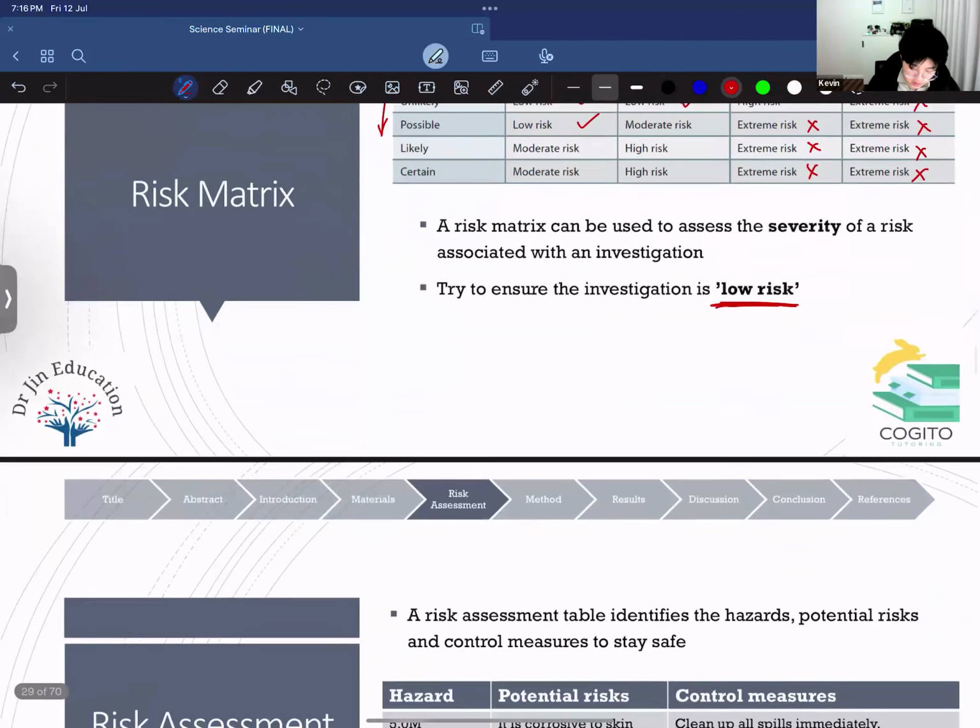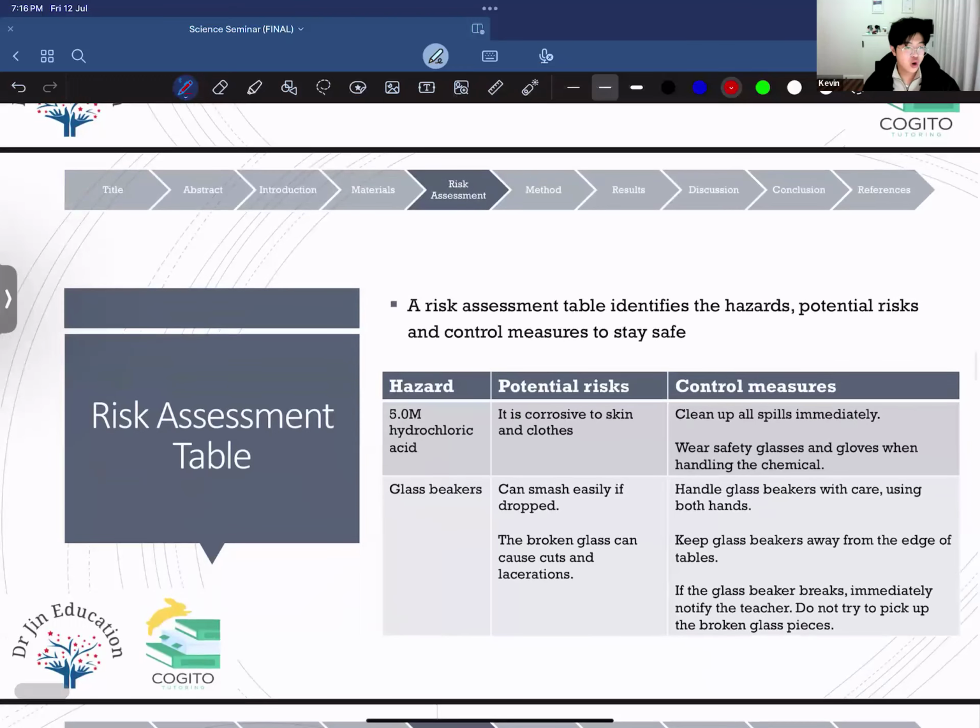Now, this is an example of a risk assessment table. So this is possibly what you put in your report. It tells you the hazard, the potential risks of the hazard, and how to control it if anything happens. These are very important.